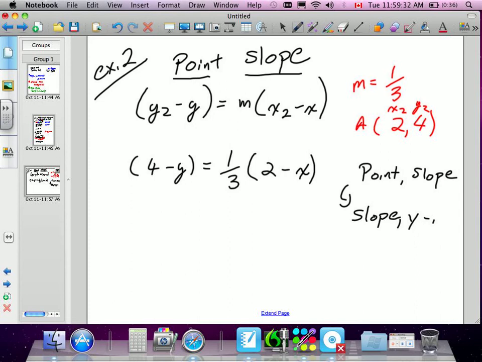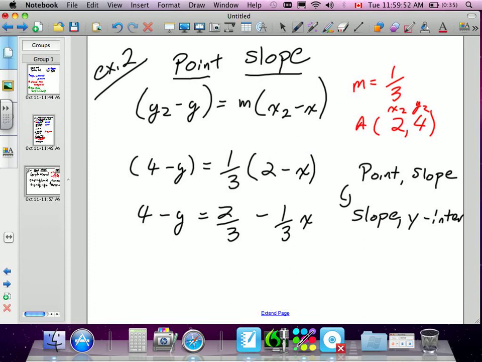So I need to know my distributive rule. I need to distribute my third into both of these. 4 minus y is equal to 2 over 3 minus 1/3 x. Okay? So I've done that so far.